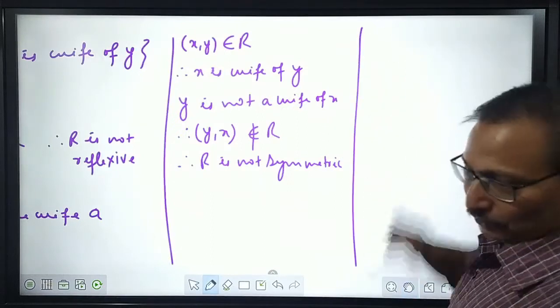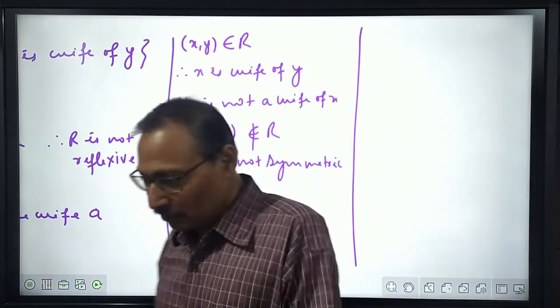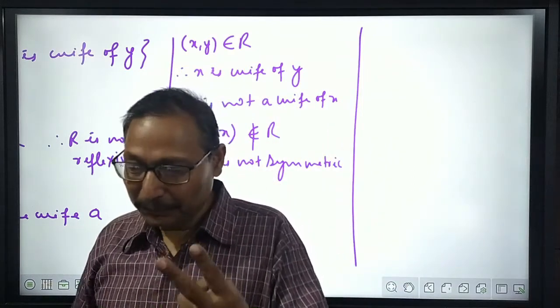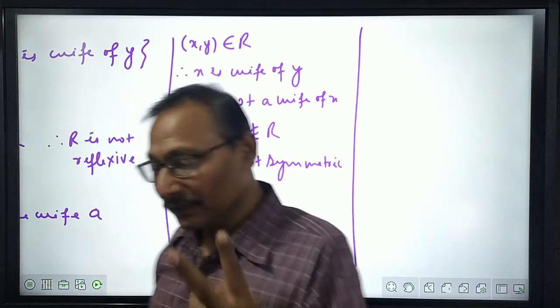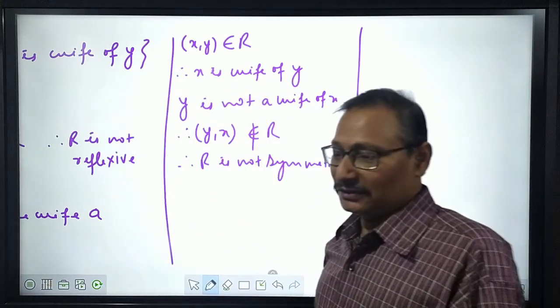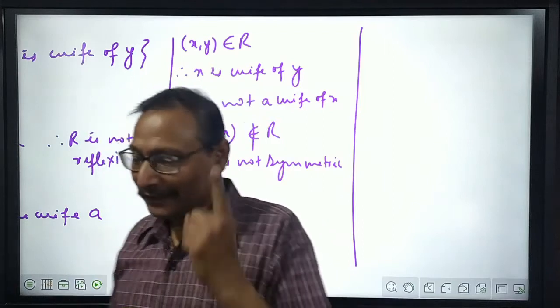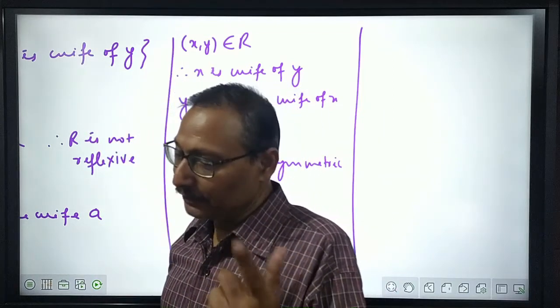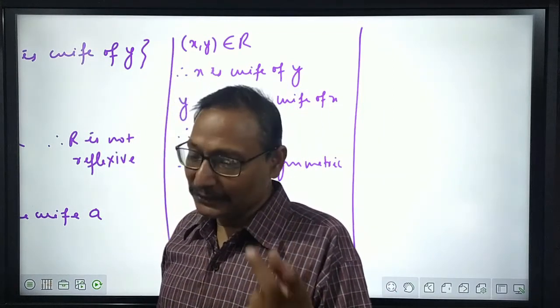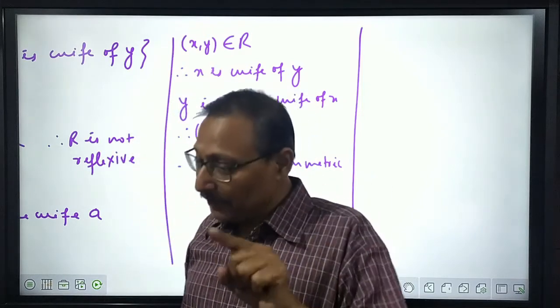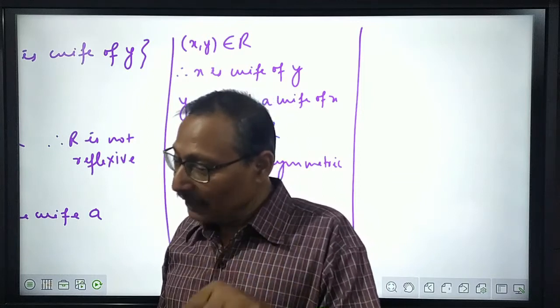Just recall, in the process of checking transitivity, we pick two pairs from a given relation. And not only this, we pick such two pairs in which the second element of the first pair is, let the first pair be x comma y, then the second element is y, and the second pair must contain y as the first element.